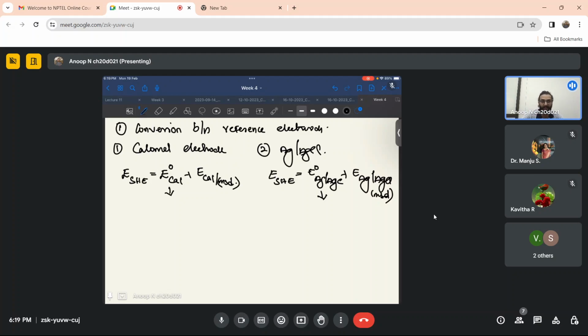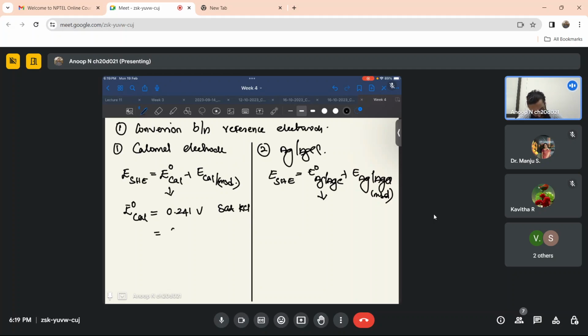As you may have already seen in the previous class problem solving session, in Ag/AgCl as well as the calomel electrode, the electrode is immersed in a solution, mostly KCl solution. According to the concentration of KCl, the value of E0 will change. E0 calomel will be equal to 0.241 volt if you use saturated KCl.